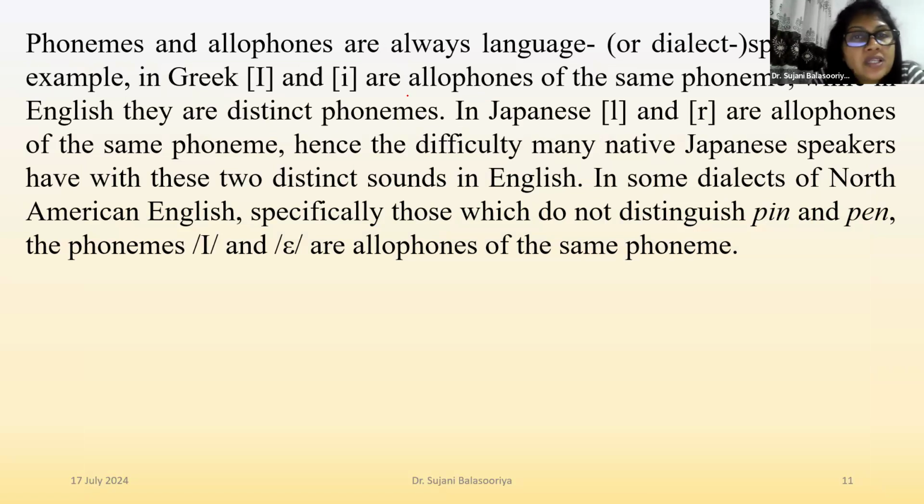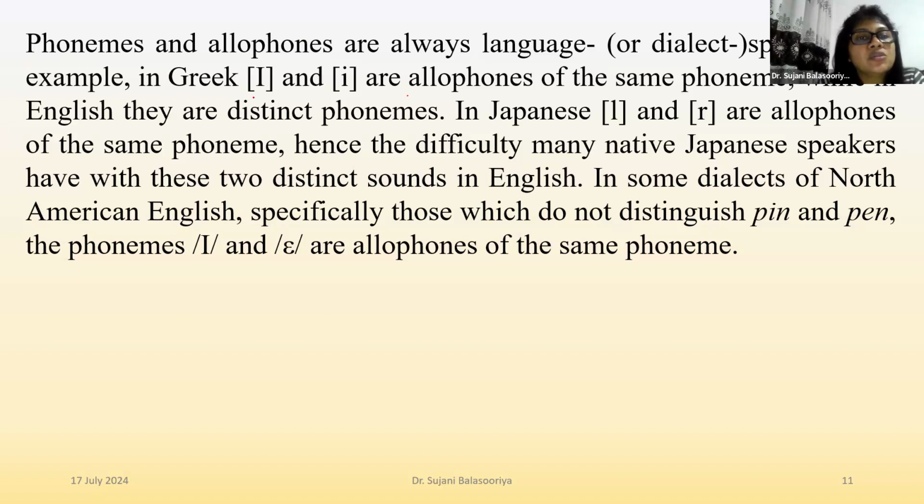Phonemes and allophones are language specific, which means certain phonemes and allophones that exist in one language, you can't expect to exist the same way in another language. That may be different. Now, there are some examples in Greek, short E and long E, right?